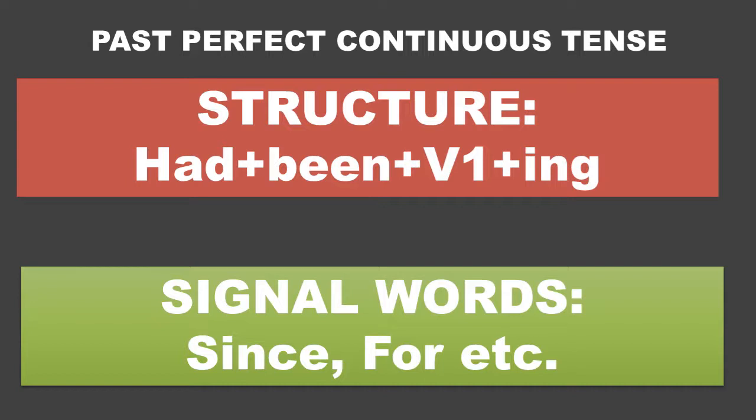Now, how would we identify it? Well, if in the given sentence there is any indication of past, then you will write your sentence in past perfect continuous tense. If there is no indication of past, then you will use present perfect continuous tense.